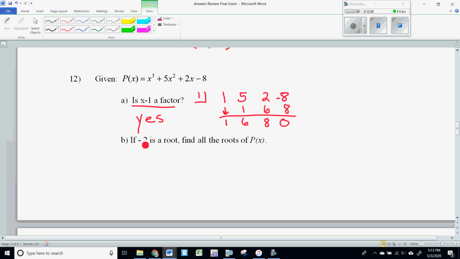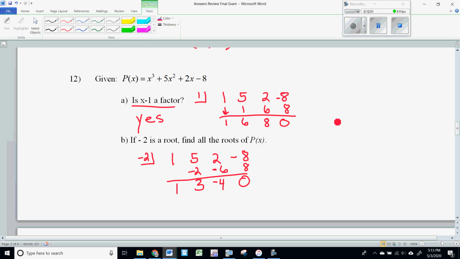If negative 2 is a root, find all the roots. So if negative 2 is a root also, let's do synthetic division with negative 2. 1, negative 2, 3, negative 6, negative 4, 8, 0.